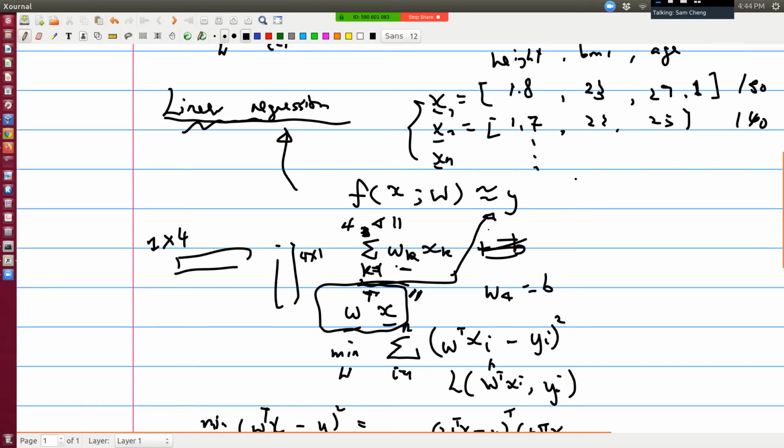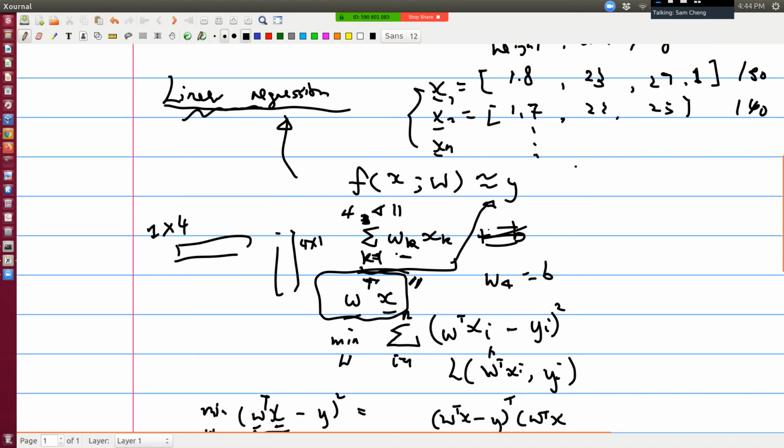So we can compute the square difference, and we want the square difference to be as small as possible. That's what I'm trying to do now: we try to minimize this with respect to w, the parameter here.